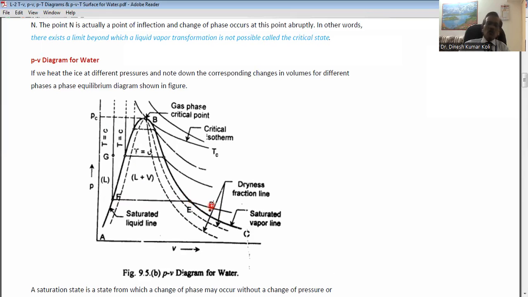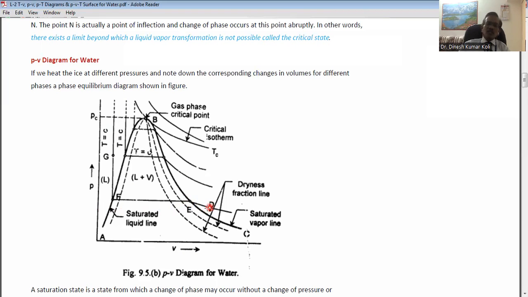So if we cool the superheated steam, then definitely the temperature will decrease. But because E to D is an isotherm, the steam at this lower pressure D is a superheated steam. The steam which is dry vapor at the higher pressure will become the superheated steam at the lower pressure.